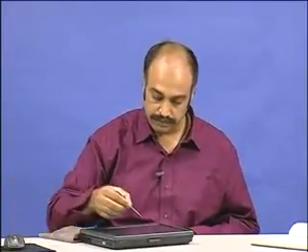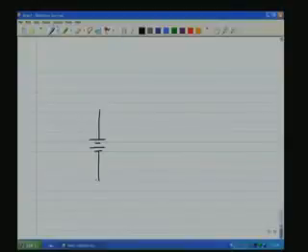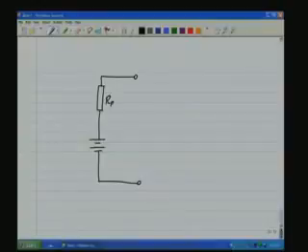So now coming back to the screen here, though the ideal battery has a symbol which is like this, as I explained earlier, a practical battery will have one more component introduced in series, which is the series resistance, or in this case let us call it RB.